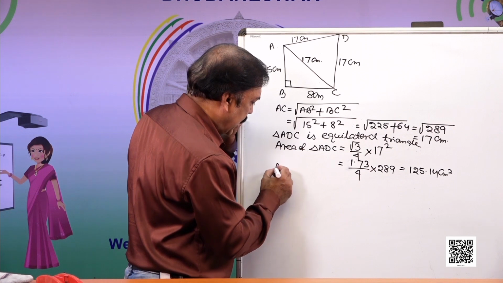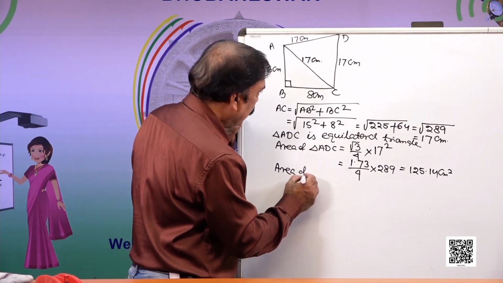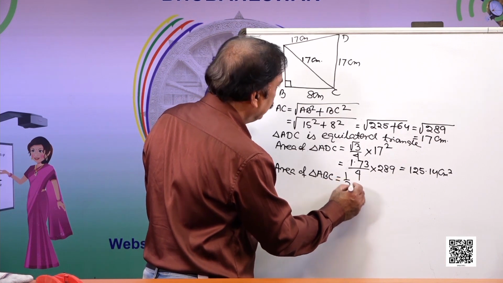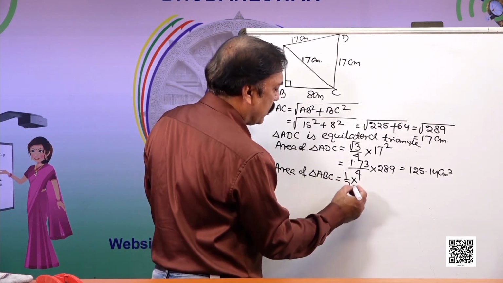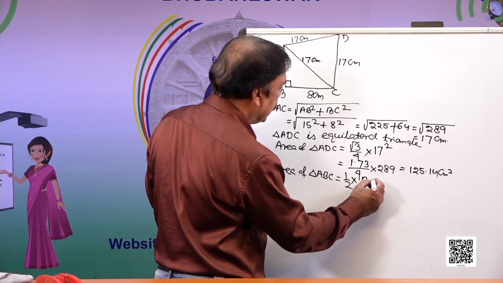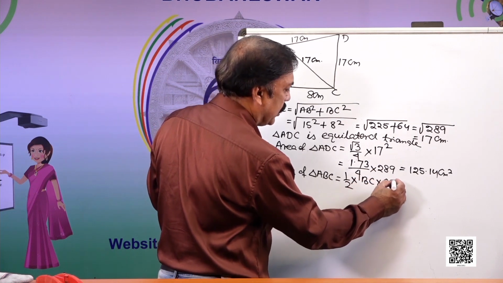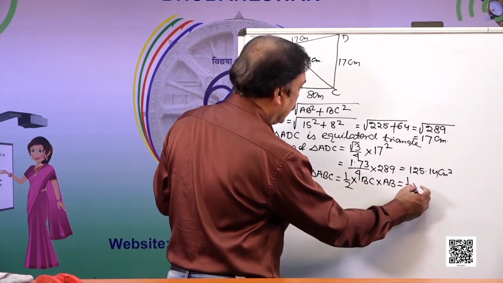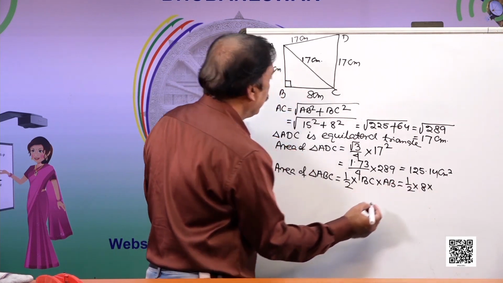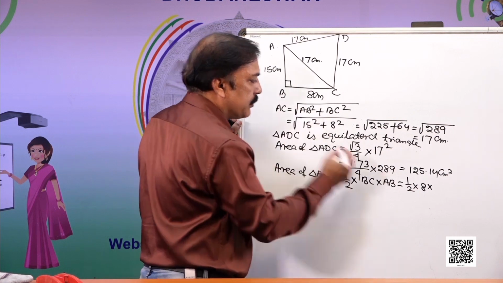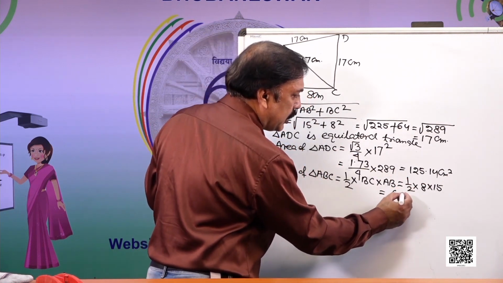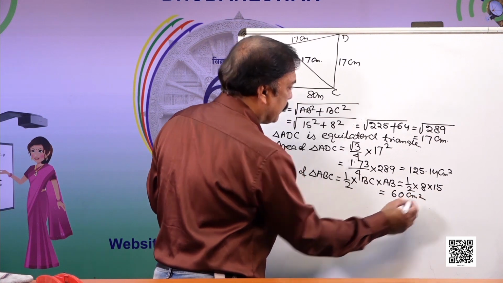That is, area of triangle ABC is equal to half into BC into AB, that is 1 by 2 into 8 into AB, which is 15, that gives 60 centimeter square.